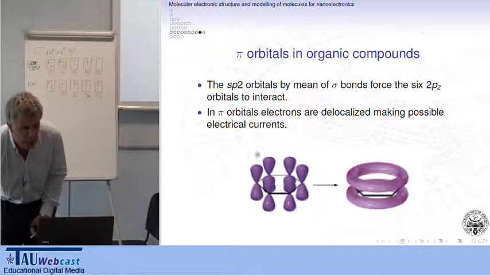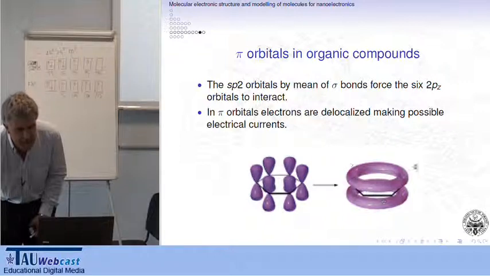This is a typical conjugated structure, because these pz orbitals interact with each other, and the resulting orbital can be represented like this ring, this strange ring, two rings, and these are called pi orbitals.